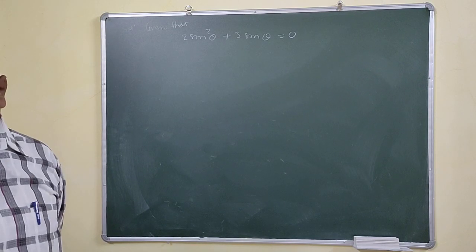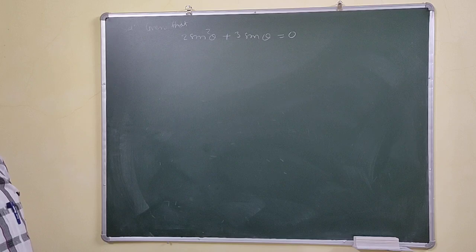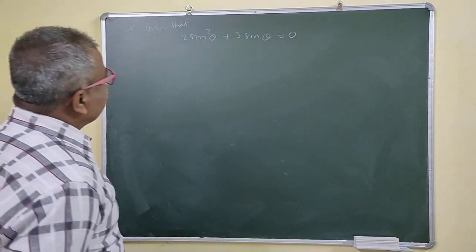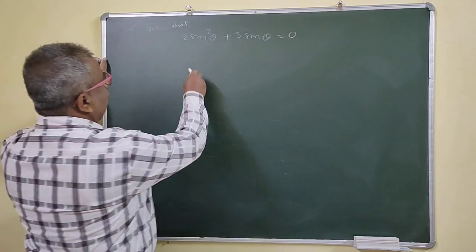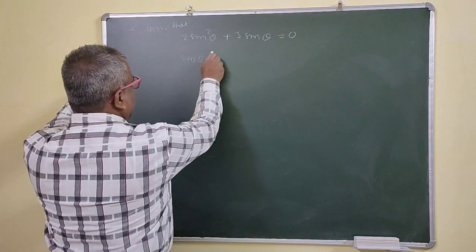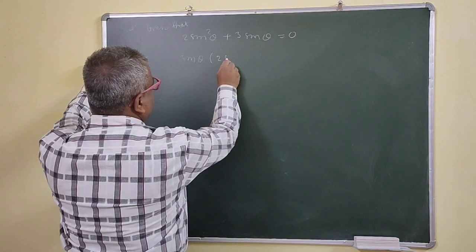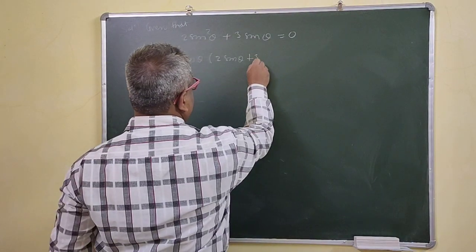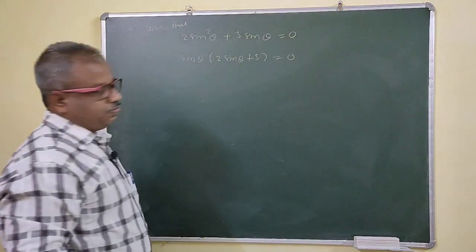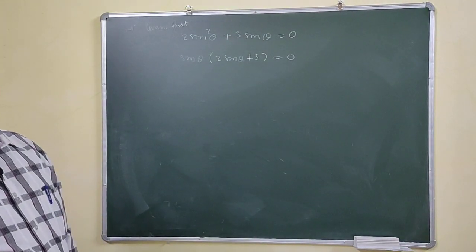Okay, let's find the permissible value of sin theta. We'll take sin theta common. Sin theta into 2 sin theta plus 3 is equal to 0 now, right?